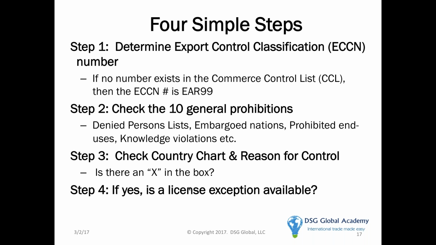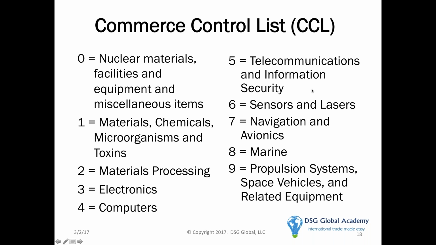Step 3, does the country you want to ship to have an X in the box in the country chart? And I'll go over this in a little more detail. And finally, in case there's an X in the box and it says you need a license to go to that country, let's call it Honduras, are there any license exceptions available for your export? So these are broadly the 4 main questions.